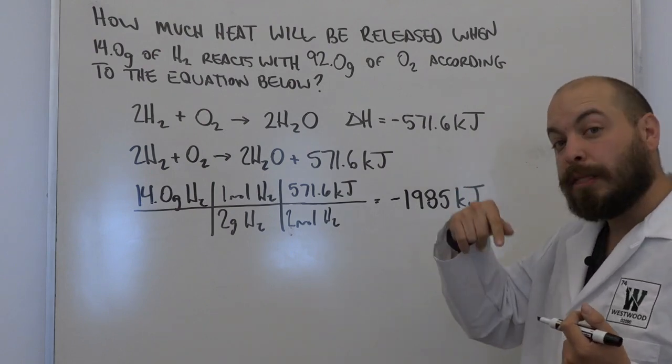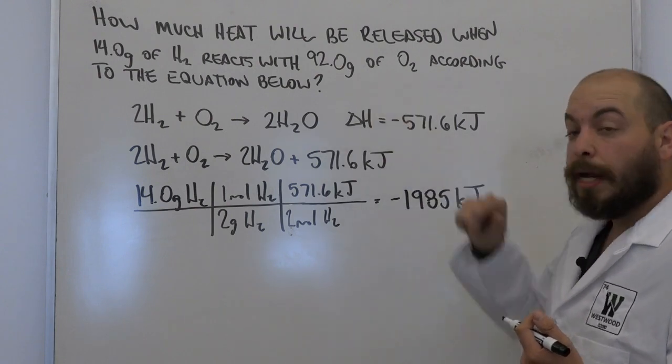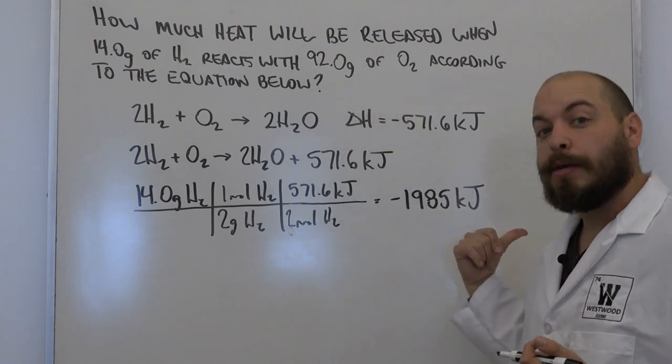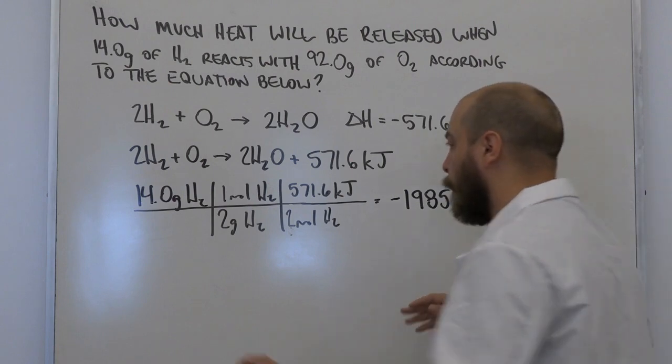So we're going to do the same thing with our oxygen now. We started with 92 grams of oxygen. Let's see how much energy it would have produced if it reacted fully.